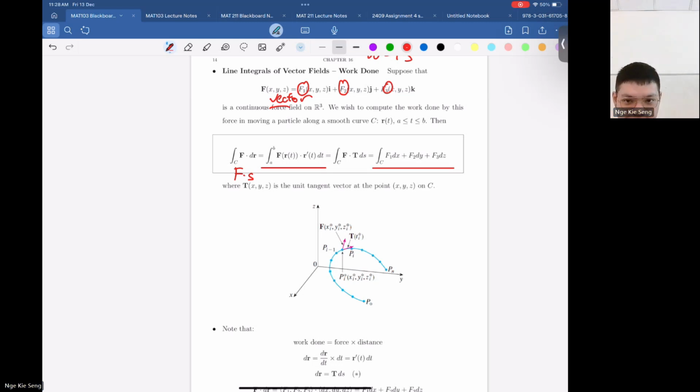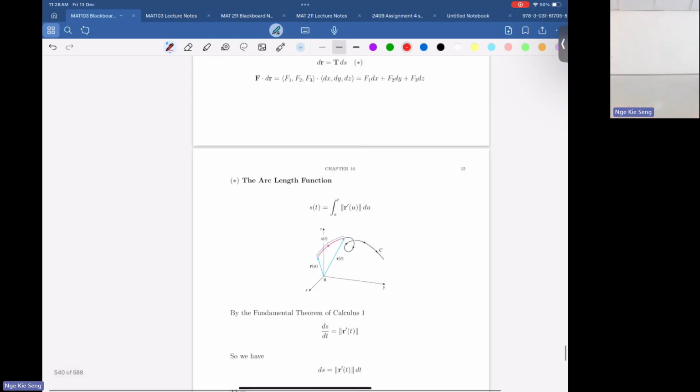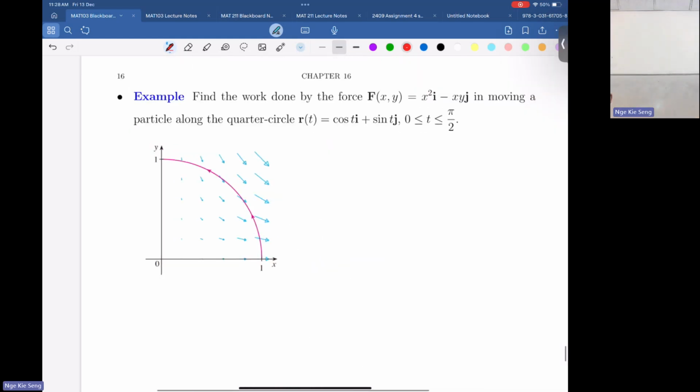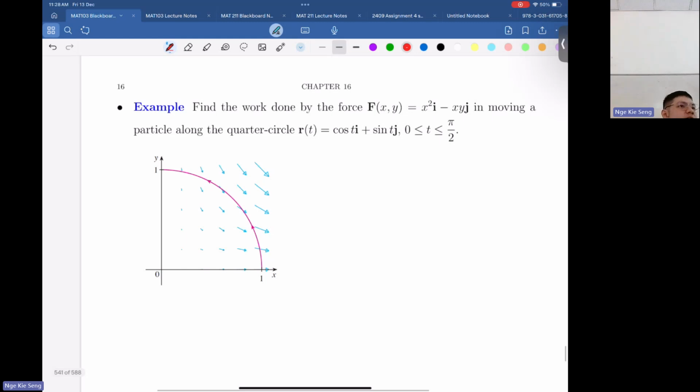Okay. Let's do one computation. Like what I told you last time, why can a vector field induce work done? Because if I put a particle in this vector field, this particle should flow with the vector field.